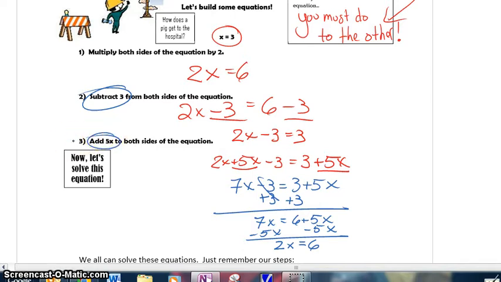The last thing we're going to do is the opposite of step 1, which was multiply both sides of the equation. We're going to need to divide both sides of the equation by our coefficient. Sloppily, I kind of threw that x equals 3 on the right. Sorry about that. But I just wanted to show you how we're using inverse operations to solve.